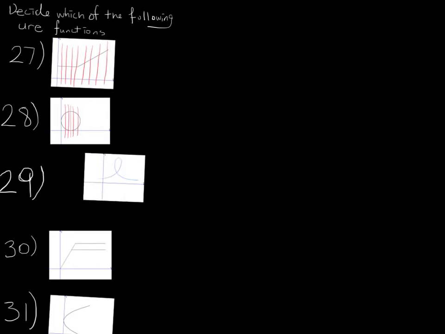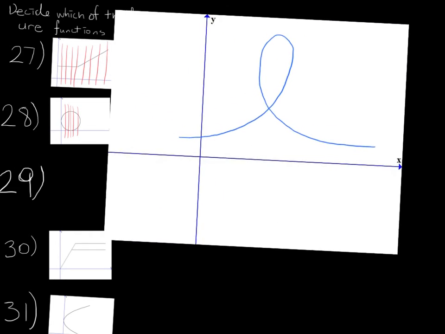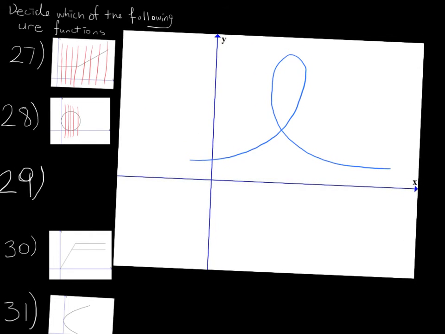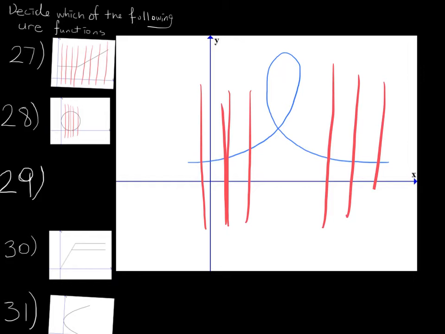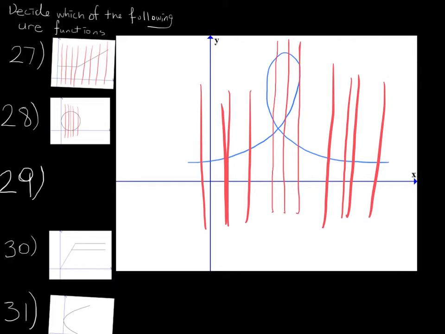Let's take a look at number 29. This one is a little bit more complicated than the others, because many of the lines we draw that intersect the function intersected only once. But if we make sure to look at all possible places, we notice that this line, in fact, many lines in this area, will hit the function at multiple places.